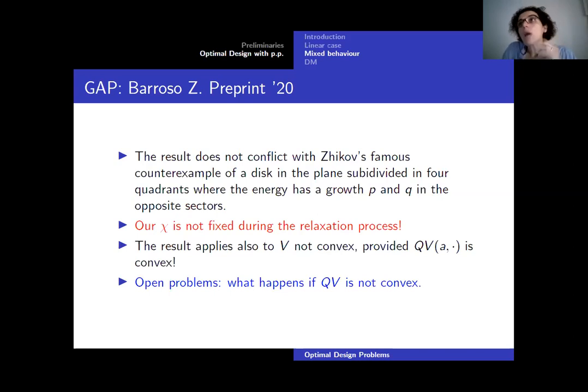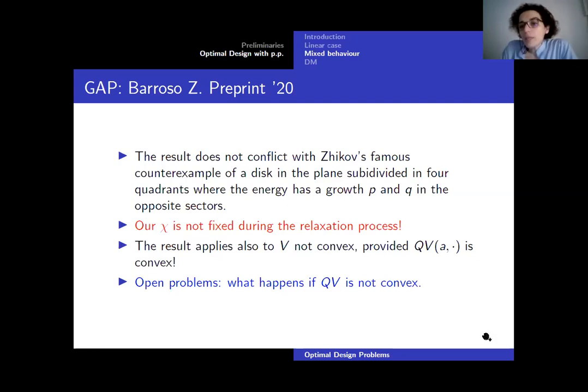And somehow we are bypassing Zhikov's counterexample because our field chi is not fixed during our relaxation process, and we can essentially avoid having concentration of measures in our limits.